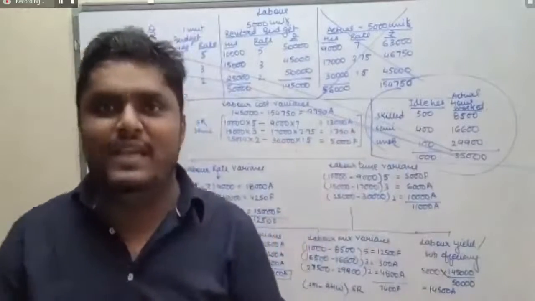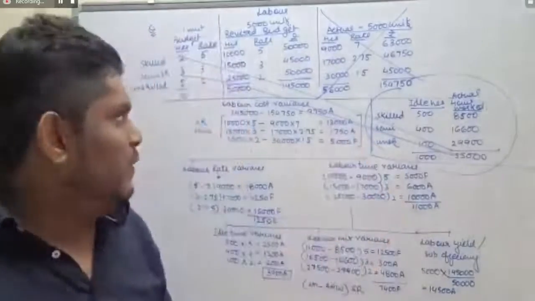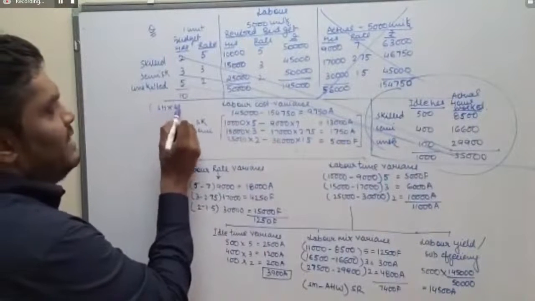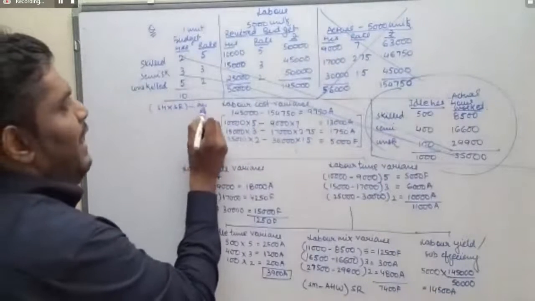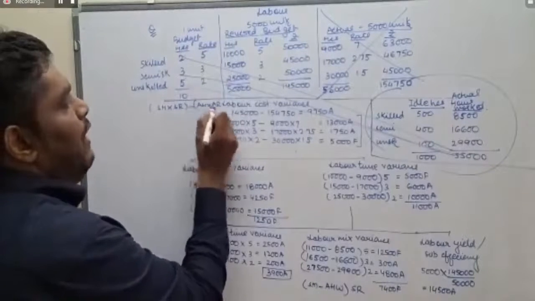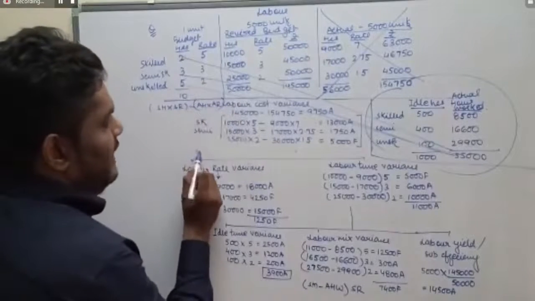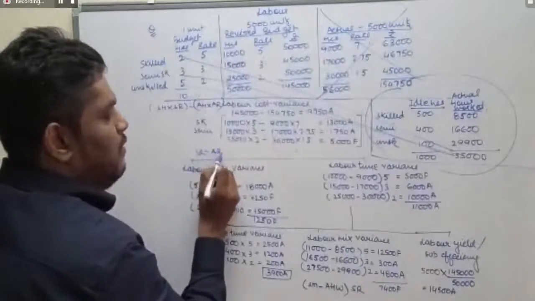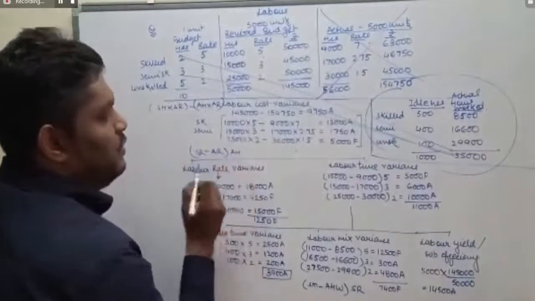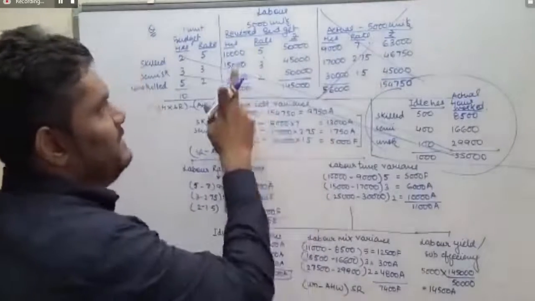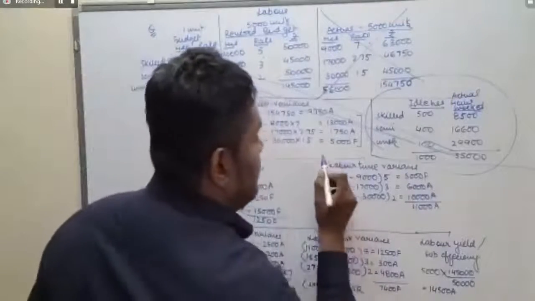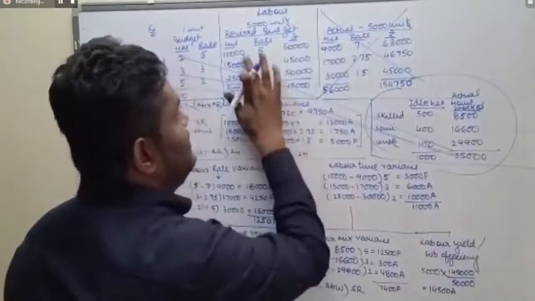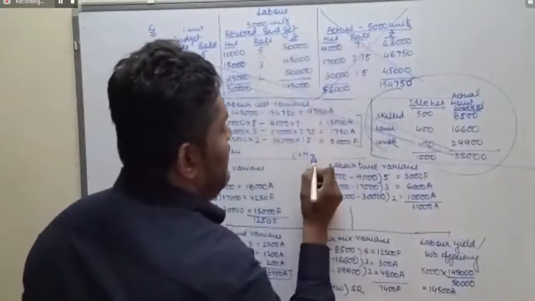So if you guys have any doubts, any queries, as far as formula is concerned, I've already discussed how to prepare formula, that is standard hours into standard rate minus actual hours into actual rate. Labor rate variance, this much should be the rate minus this rate into actual hours. As far as time variance is concerned, standard hours minus actual hours into standard rate.